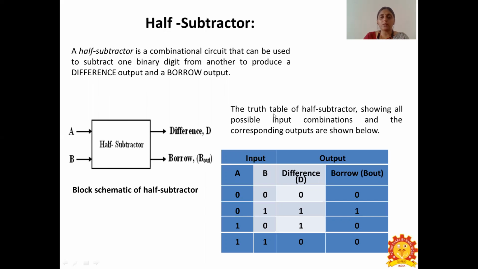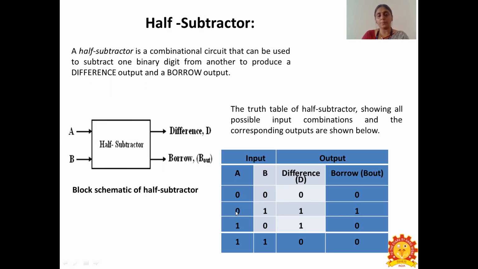And the truth table of the half subtractor shows all possible input combinations and the corresponding outputs which are given here. So A, B with 2-bit data, which involves the combinations like 0, 0, for which we get the difference as 0 and borrow 0.